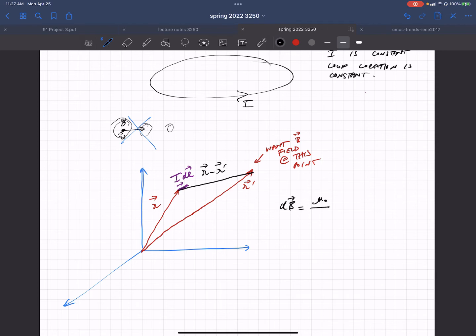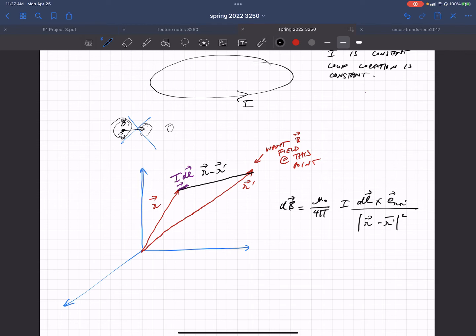Okay, so here the incremental magnetic field caused by this is mu naught over 4 pi, I dl cross the unit vector between r and r prime, divided by the distance of r minus r prime squared.